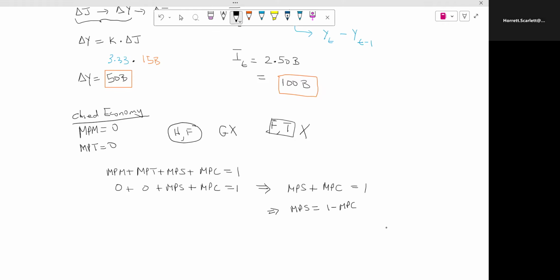So we'll know that. It therefore means that the marginal propensity to save is going to be 1 minus 0.7, which gives us 0.3.